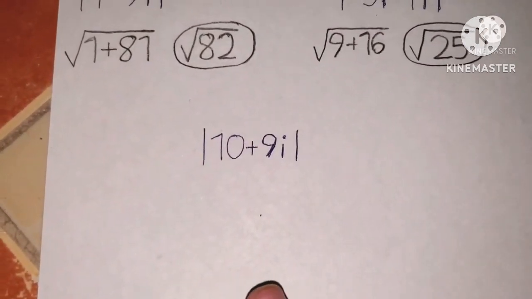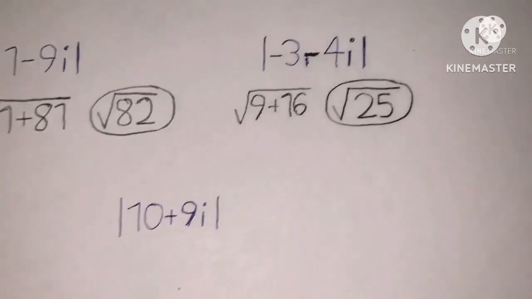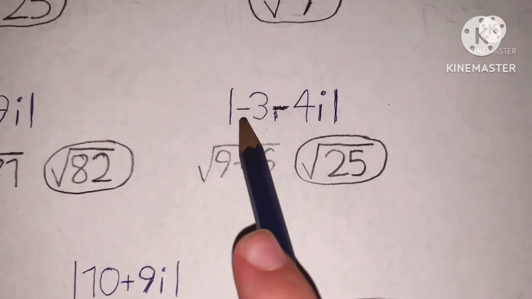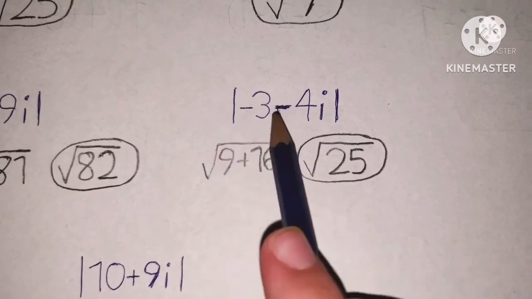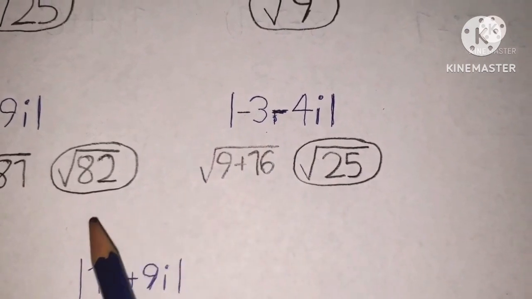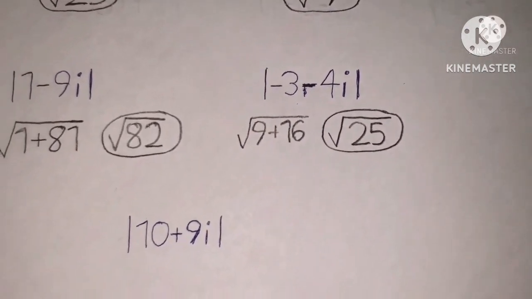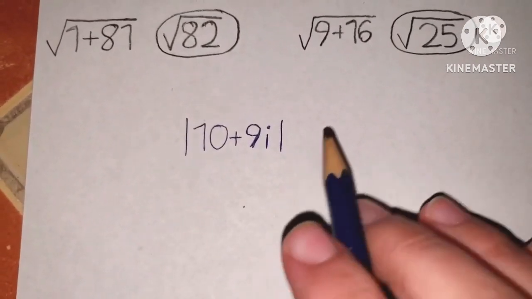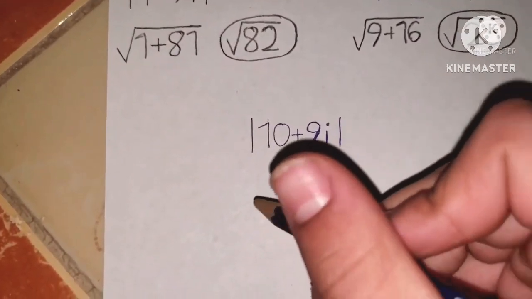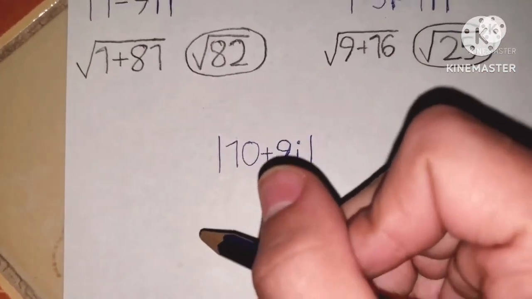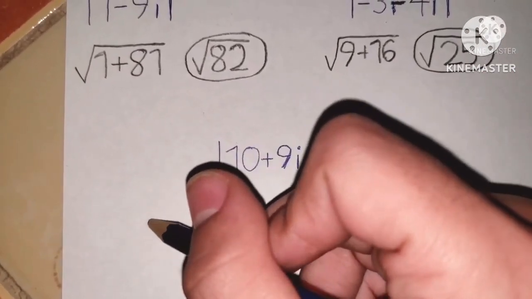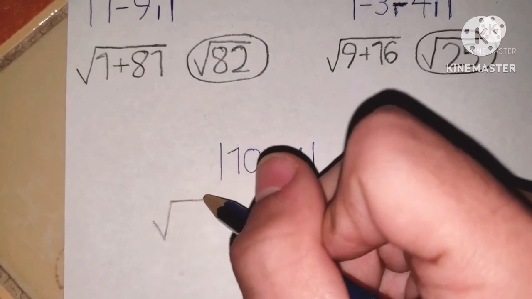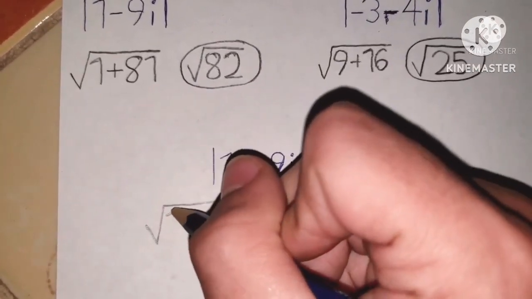And 10 plus 9i. I'm going to tell you briefly that if any number is negative, it's going to be positive. Don't make it negative, because otherwise it's also going to be wrong. But anyways, 10 plus 9i. Since all of these are positive, this is how it goes. 10 becomes 100.